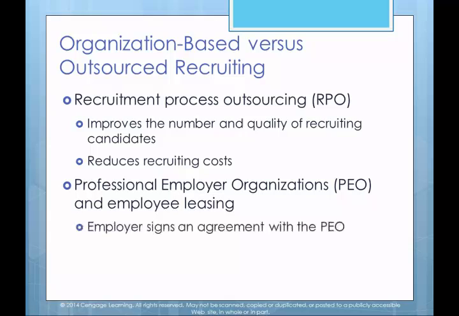Now, there are professional employer organizations, which is PEOs, and employee leasing. This is where the employer signs an agreement with the PEO. When you're having a PEO, the employees belong to the PEO. The employees get their paychecks from the PEO. The PEO services the company, but they're not their employees, although there can be some co-employment issues between the PEO and the company.